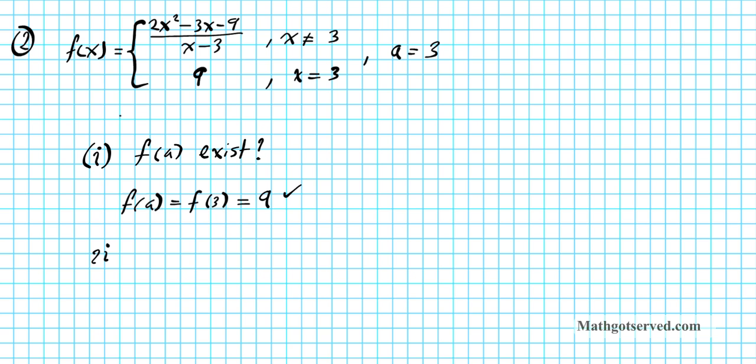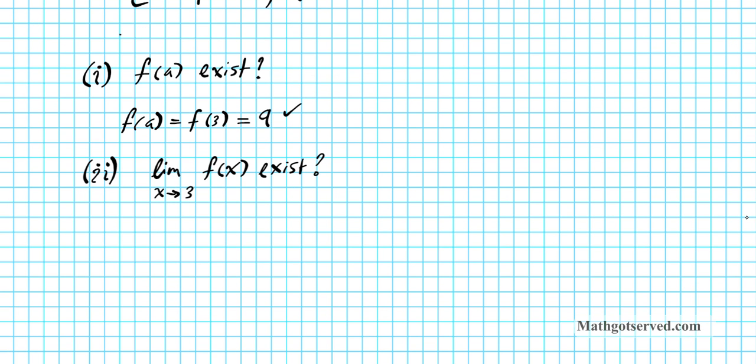Let's subject it to test number 2. The limit has to exist. So the question is, does the limit as x approaches 3 of f of x exist? Well, let's see. We're going to compute the limit as x approaches 3 of (2x squared minus 3x minus 9) over (x minus 3), because when you're approaching 3, you're not at 3.